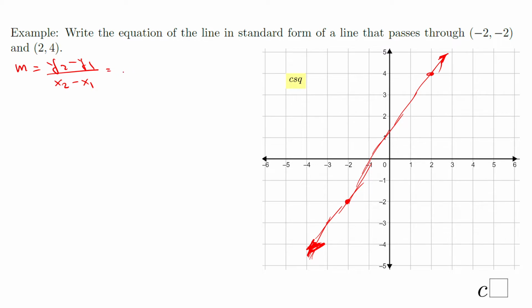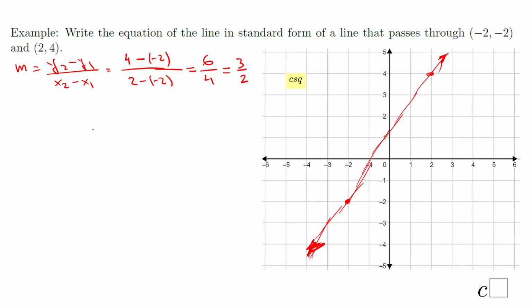So the slope becomes 4 minus -2 over 2 minus -2. 4 minus -2 is 6, and 2 minus -2 is 4. The slope is 3/2, which we can also see in the picture, by the way, if you do the slope triangle.